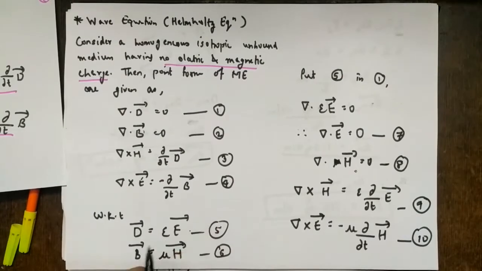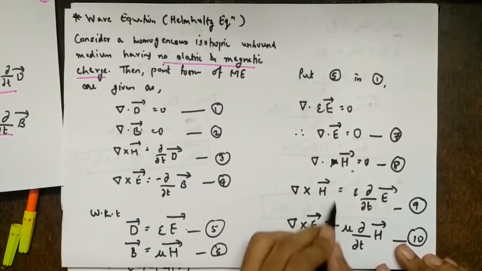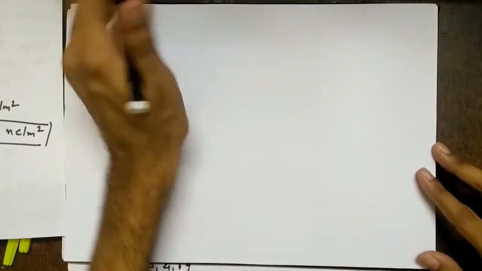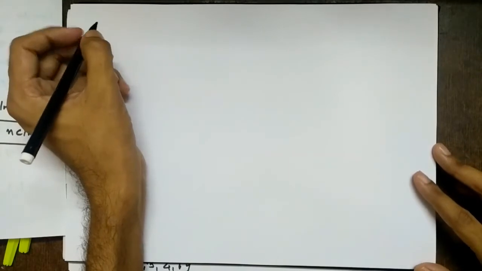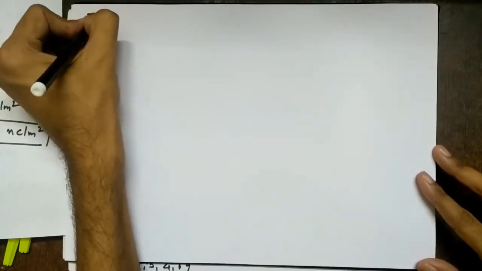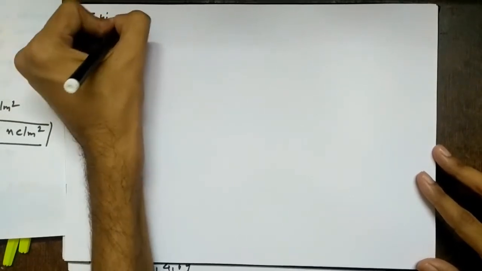So let's take any of the equations, 9 or 10. I'll take equation number 10 because usually we are concerned with the electric field. Why we are concerned with the electric field, you will come to know in due course of lectures. So that was equation 10, right? I take curl on both sides.